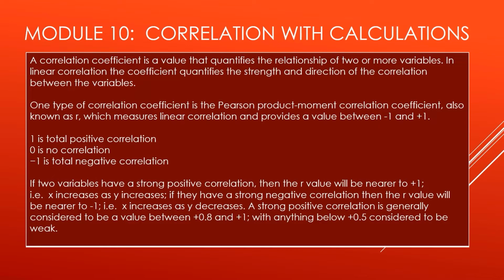X increases as Y decreases would be that example. A strong positive correlation is generally considered to be a value between +0.8 and +1, with anything below +0.5 considered to be weak.